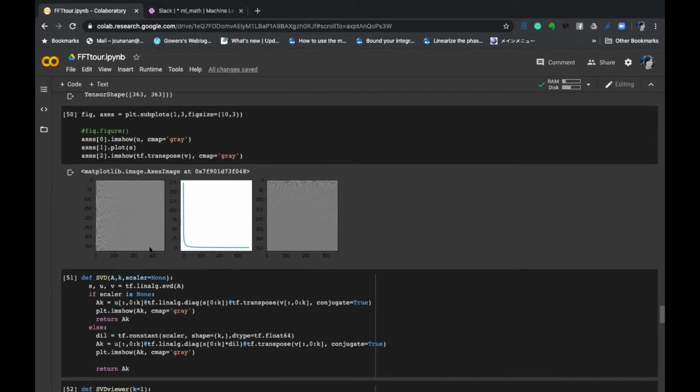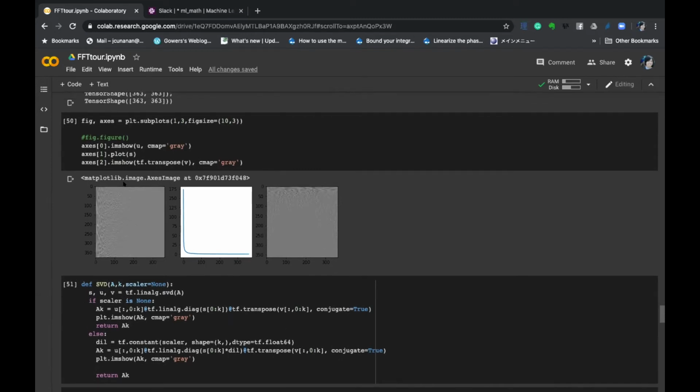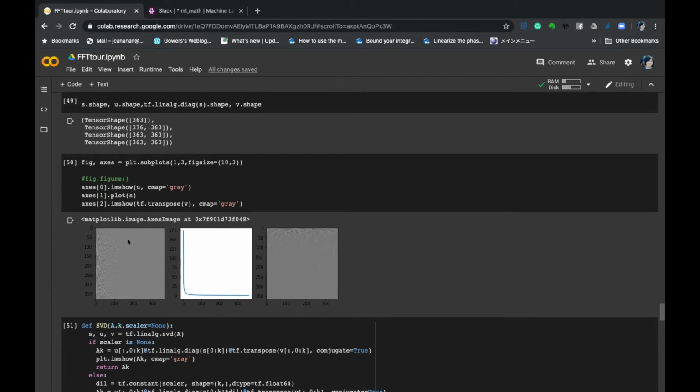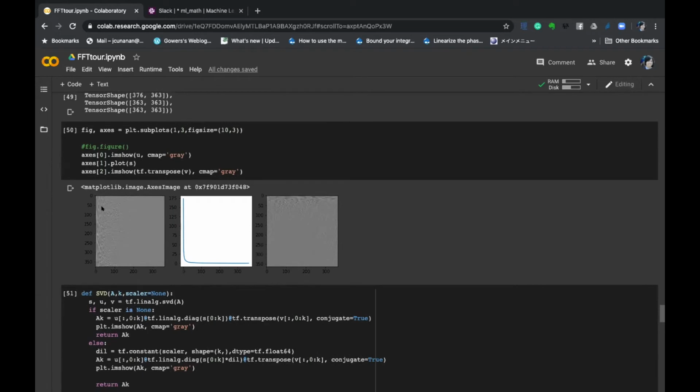So my observation here is that to recover the photo, you need to multiply these matrices, right? These are matrices. So you can see in the photo, this seems like a low frequency here, and also a low frequency here. So that means that those guys correspond to the first singular value, and so forth.